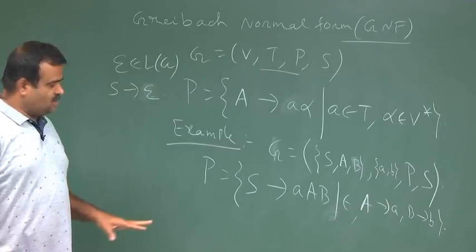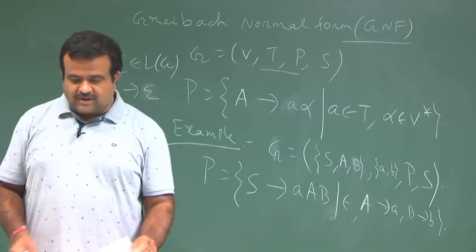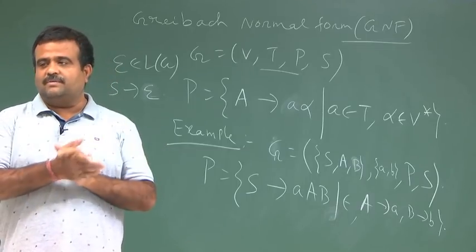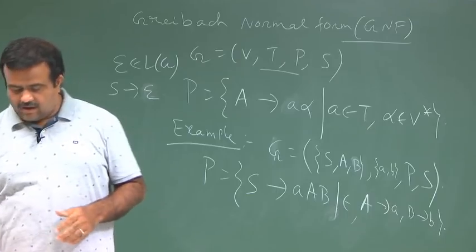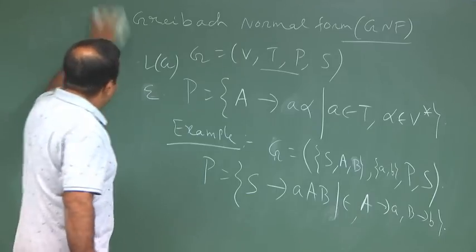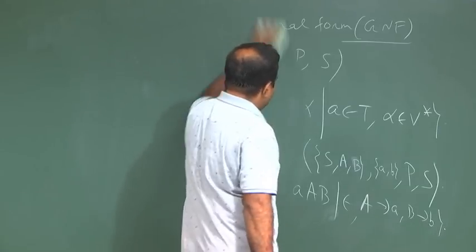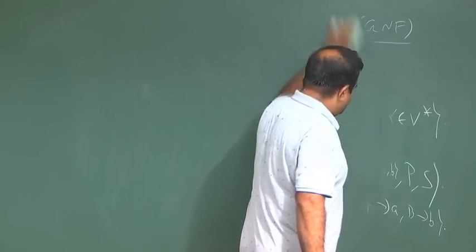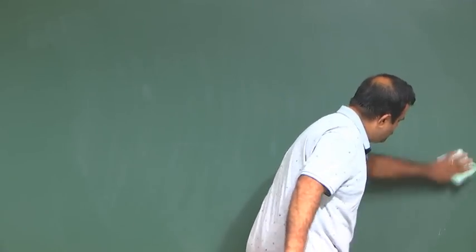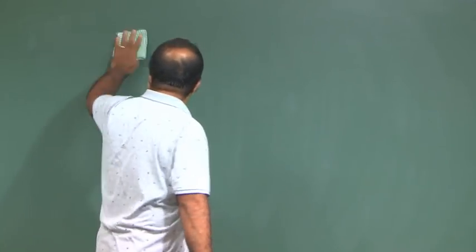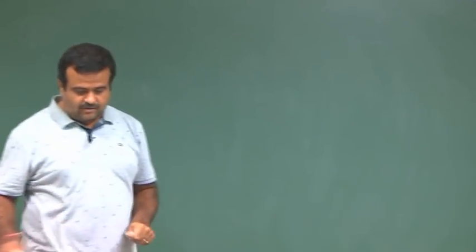We will see more on GNF in the next class, but today we will discuss how, given a grammar, it can be converted into a CNF. So, reduction of a grammar to the normal form, CNF.